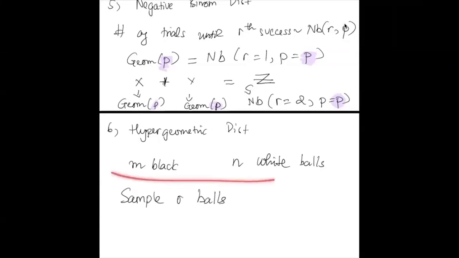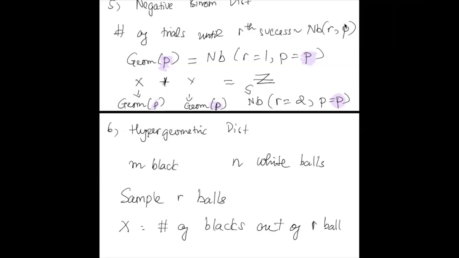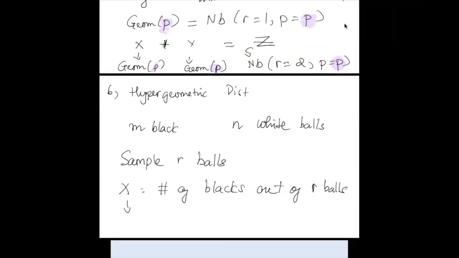So out of m plus n balls in total, you sample r balls. So let X denote the number of black balls out of the r balls that you sample. Then X follows a hypergeometric distribution. Similarly, if X denotes the number of white balls out of the r balls that you selected, X also follows a hypergeometric distribution.